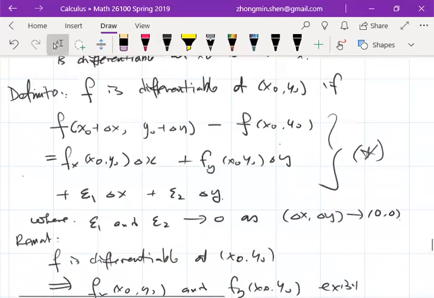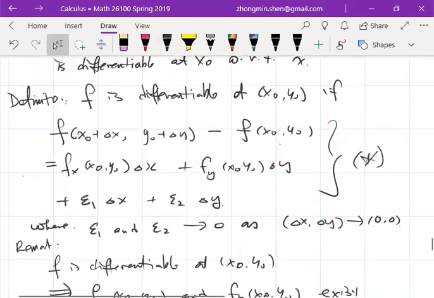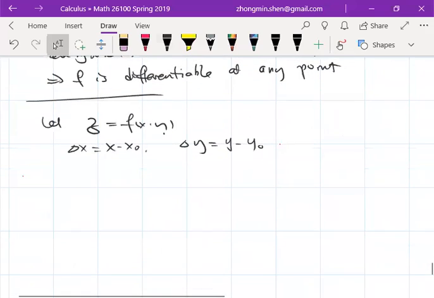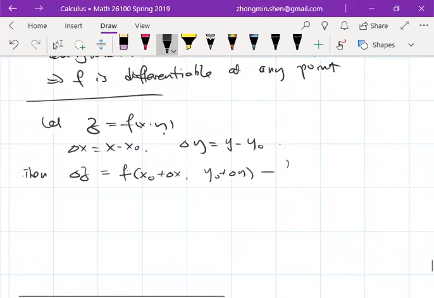Then delta z is going to be the change in the z variable.